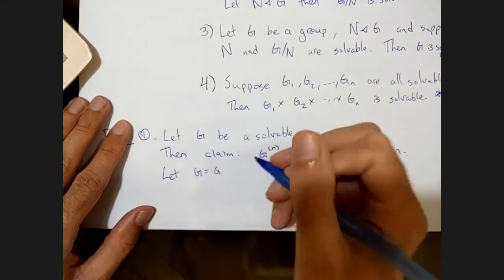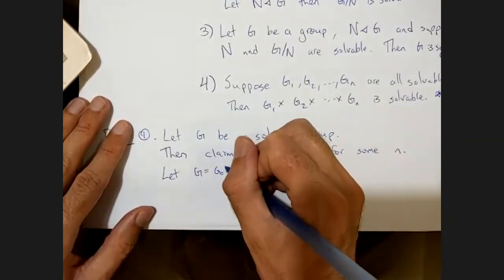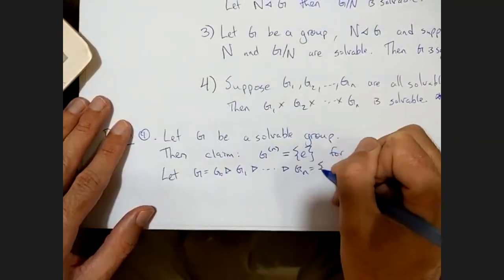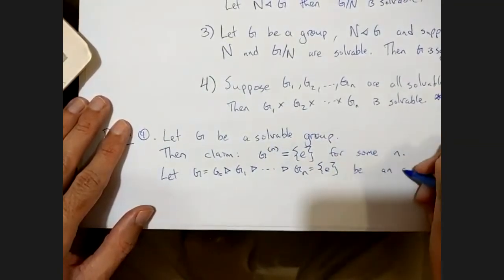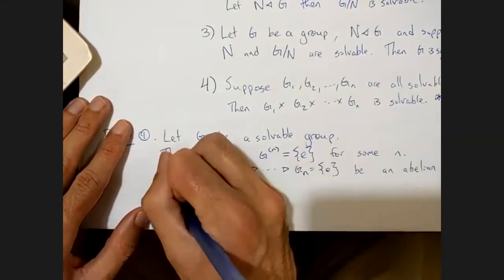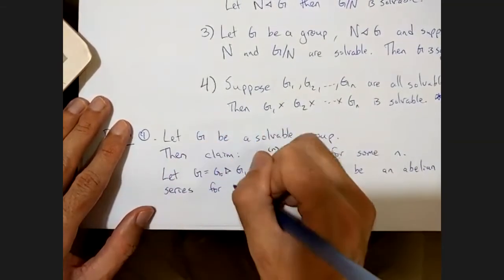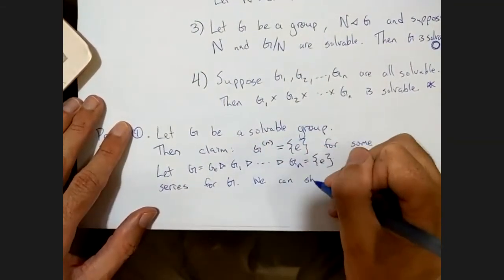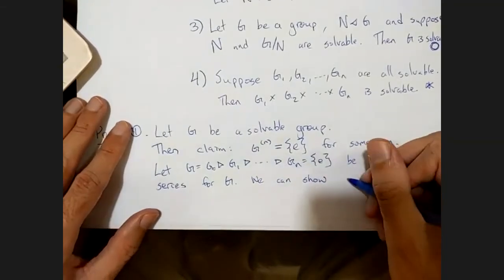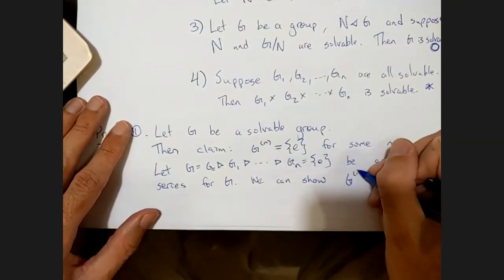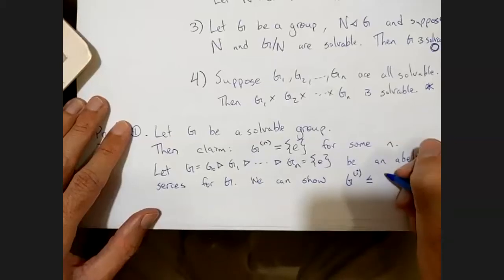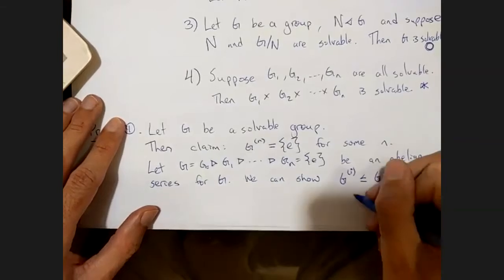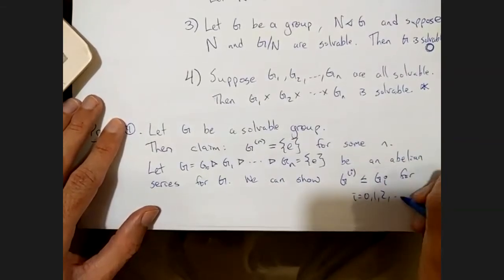Let's take our abelian series for G. Let this be an abelian series for G. Then we can show that not only that, we can show that the ith commutator is contained in G_i for i equals 0, 1, 2, all the way up to n.